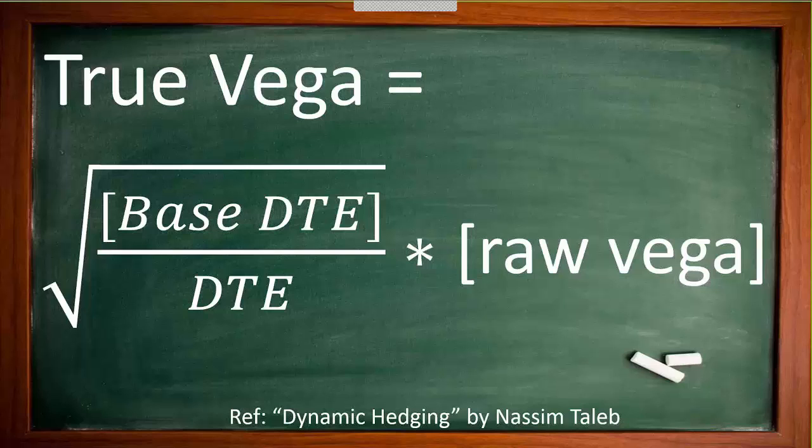What this is saying is that our true Vega, as in our weighted Vega, is base DTE, right? So what the hell does that mean? I'm actually going to skip through this and I'll come back. You know what? Let me just say, I'll put in the number 30 in here, okay? I'll come back to that in a second, though, because it's actually irrelevant, but you'll see what I mean in a sec. So base DTE is 30.